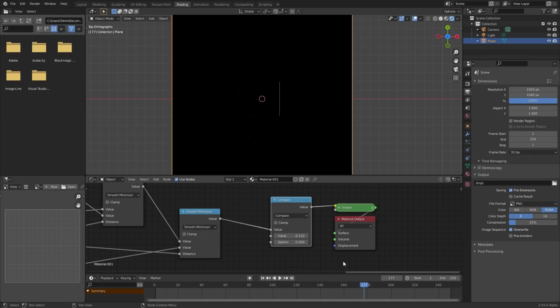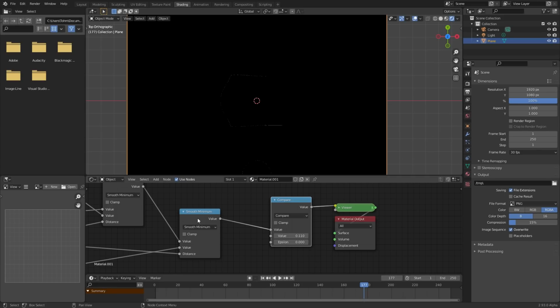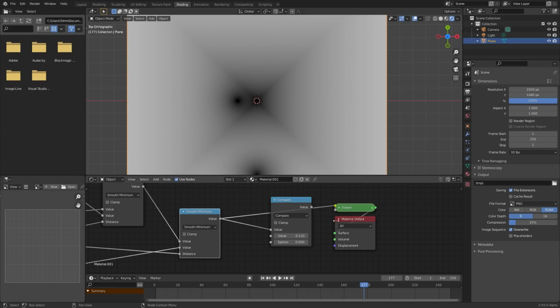I used the compare node, and what the compare node does, you can almost see it right now, assuming YouTube compression didn't ruin it. It takes our input, in this case the smooth minimum, and compares it to some number. We're comparing it to 0.111, and saying make the output white if it's within some threshold of this, let's say 0.04, some radius or distance of 0.111.